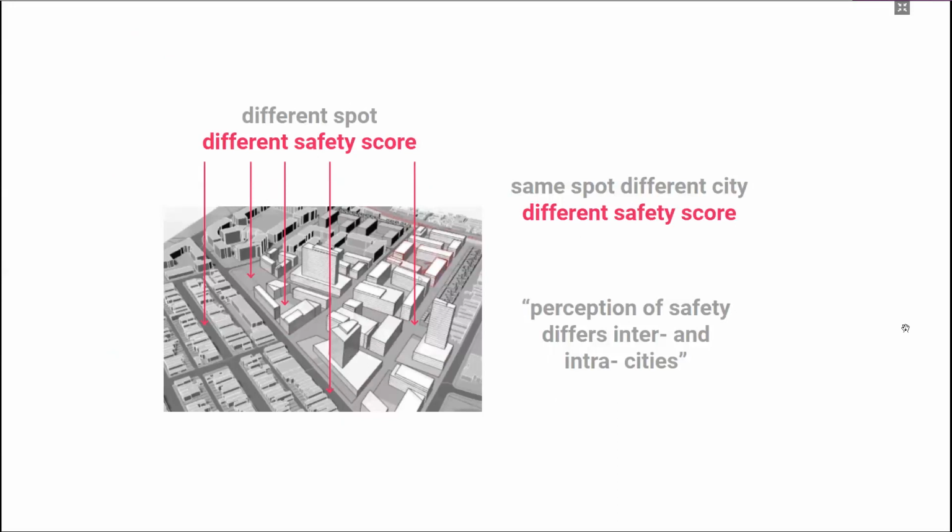So what's going to happen is that, again, just the way it happened with safety scores and beauty scores as well, if someone does end up undertaking the research on a large scale, for each design proposal, each spot will have a different beauty score.